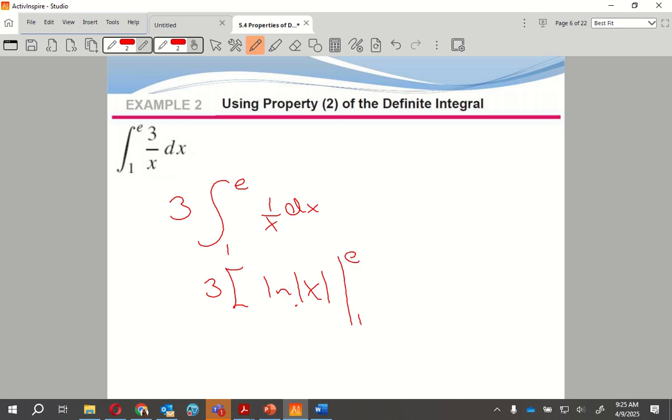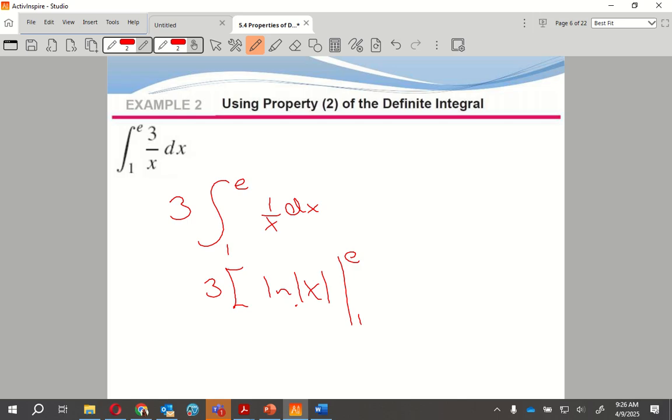Alright, so let's do that one. So ln e, what is ln e? It's 1, because ln and e are opposite of each other.